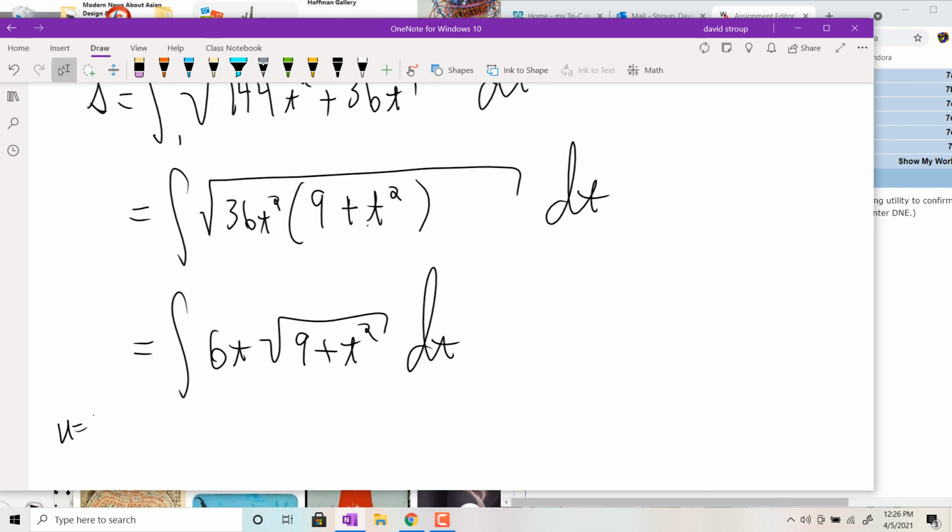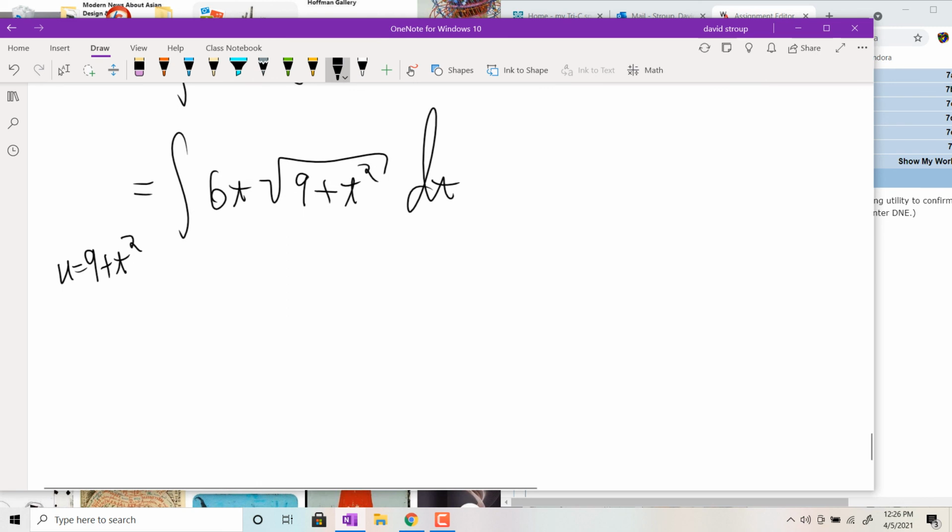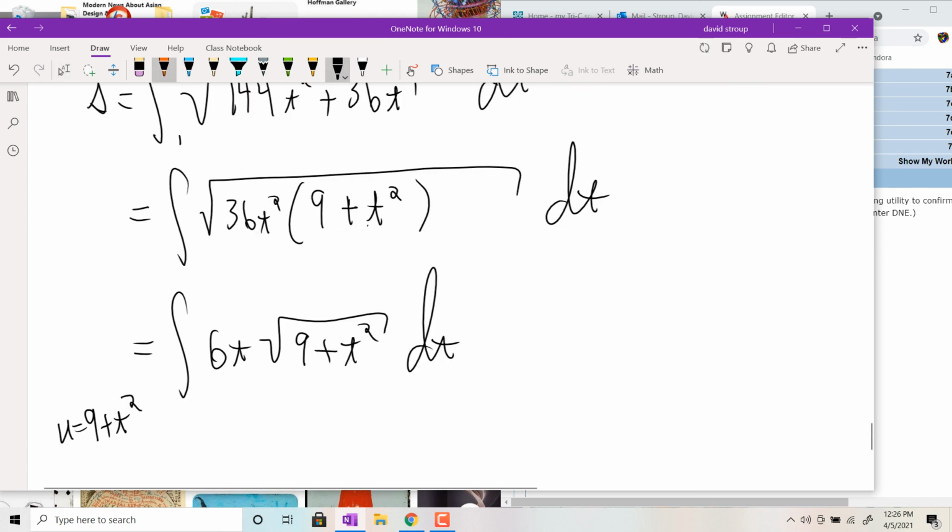And we're letting u be 4 plus t squared. Right. Actually, it's 4. It's not 9. Sorry. 144 divided by 36 is 4. Sorry. Did it again. This is 4. Okay.